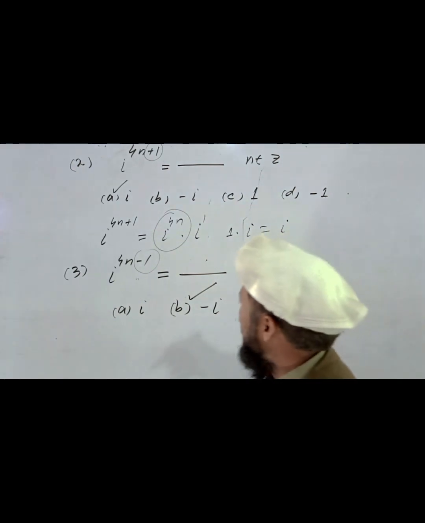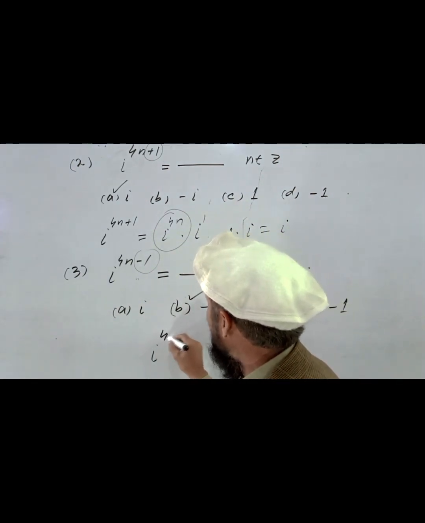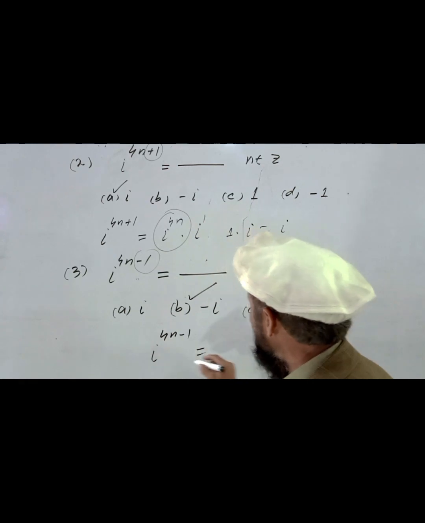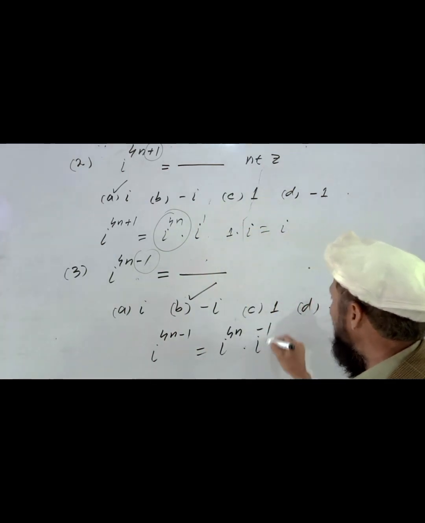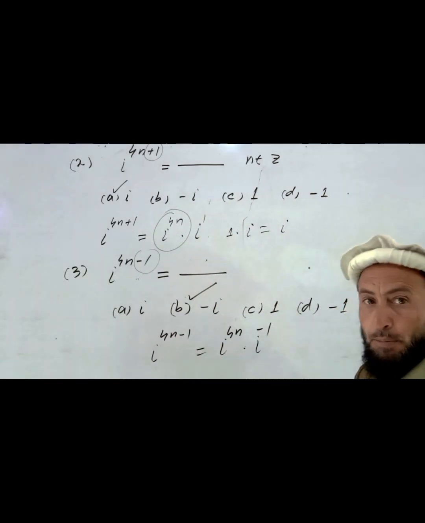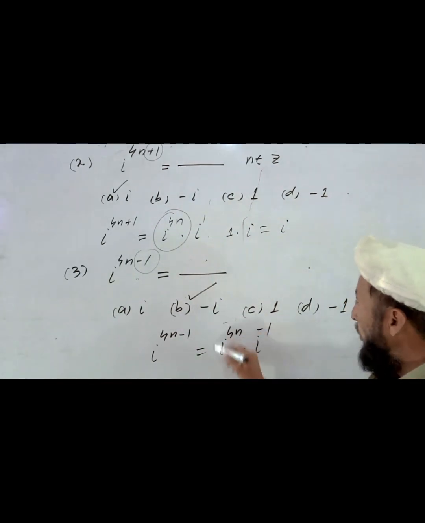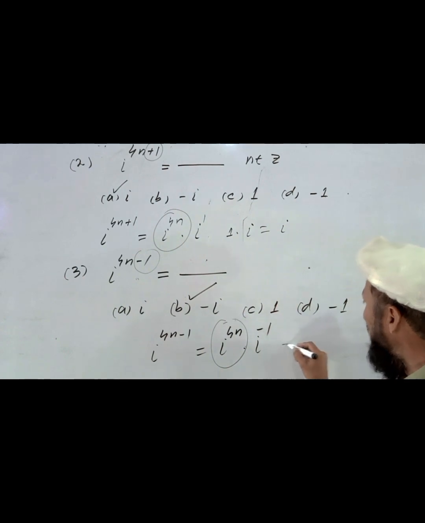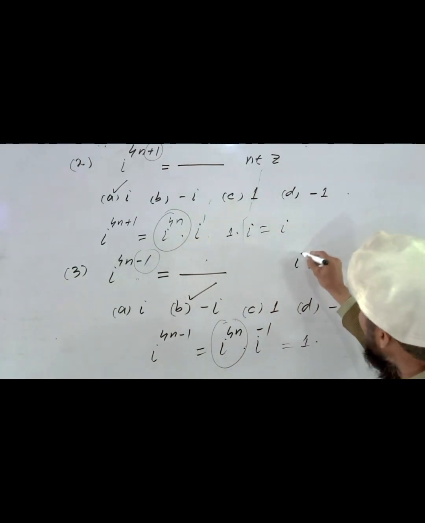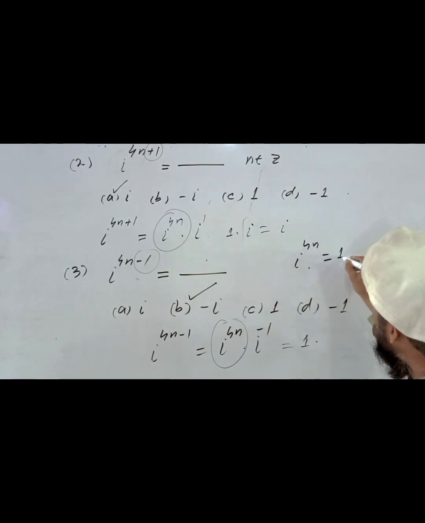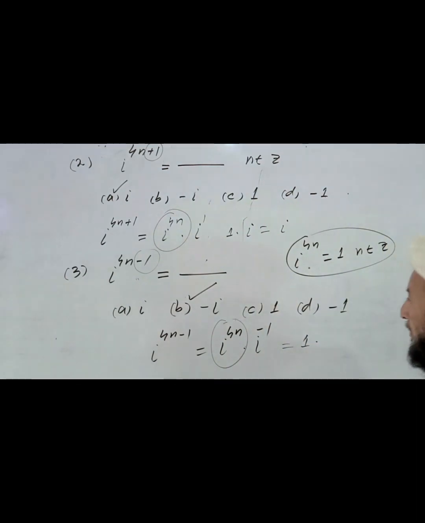How do we calculate this one? Look here, if we check 4n minus 1, the result is iota 4n into iota power -1. According to the exponent property, we eliminate 4n. We have already discussed that iota power 4n is equal to 1 and n belongs to Z. We have already proved this property.